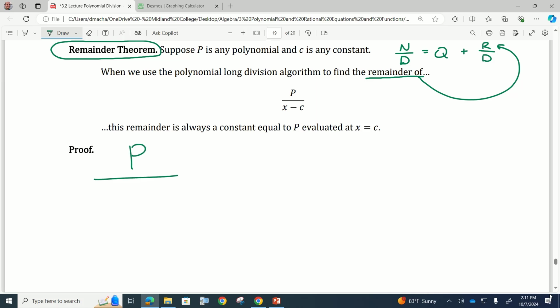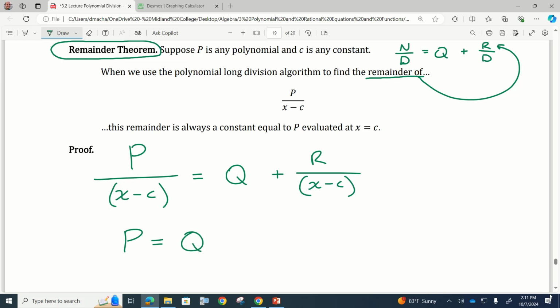What's the proof? How do we know this always, always works? So long division says this is equal to some quotient plus remainder over x minus c. I'm going to take this equation and multiply both sides by x minus c.